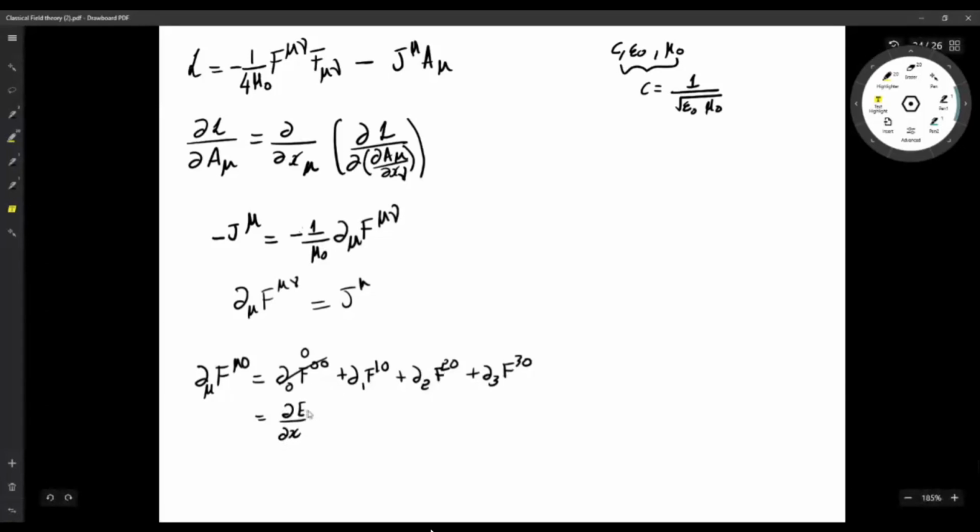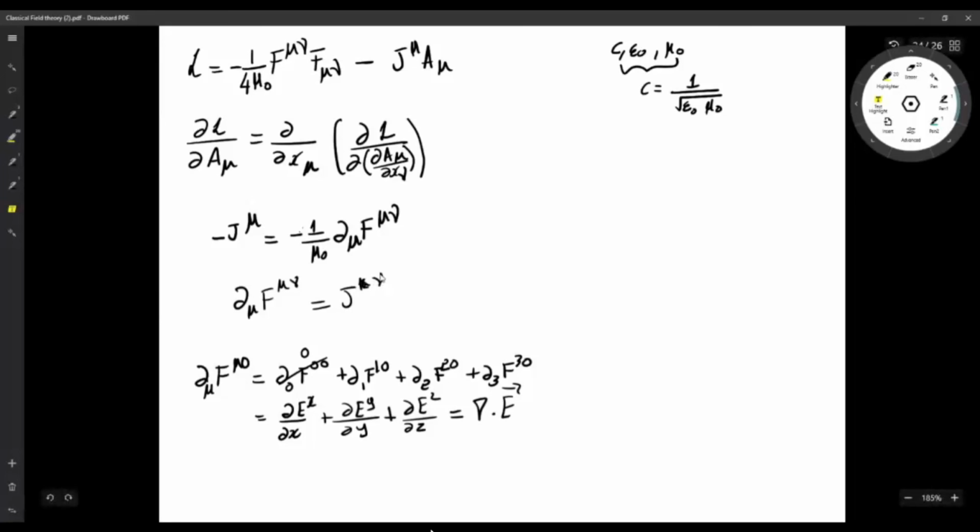I'll get ∂E_x/∂x plus ∂E_y/∂y plus ∂E_z/∂z. And this pretty much just looks like the divergence of our electric field, right? Component-wise. And what do I have on the RHS?